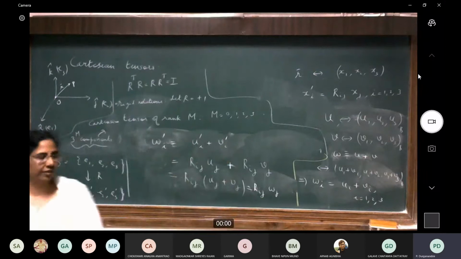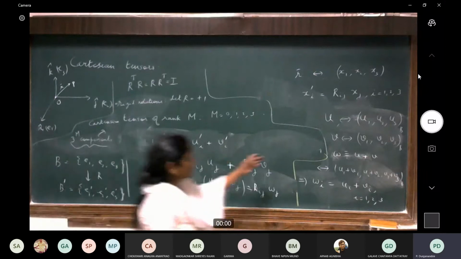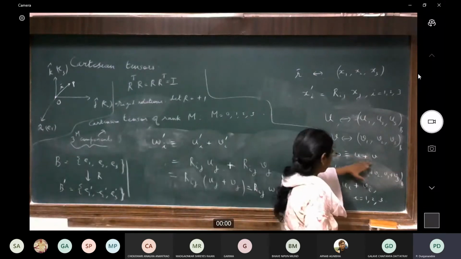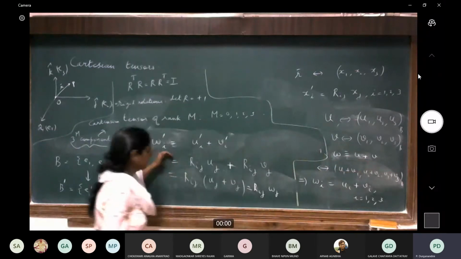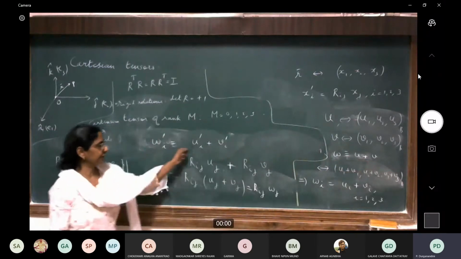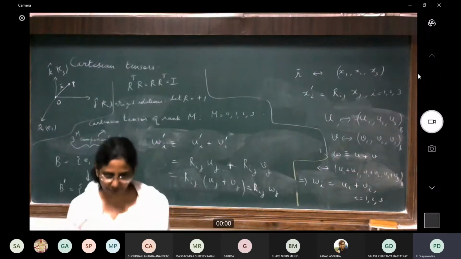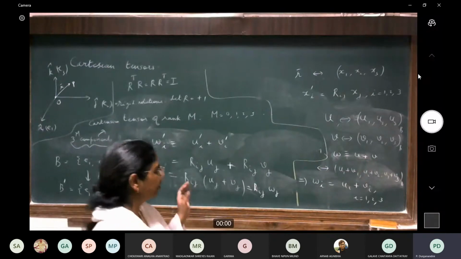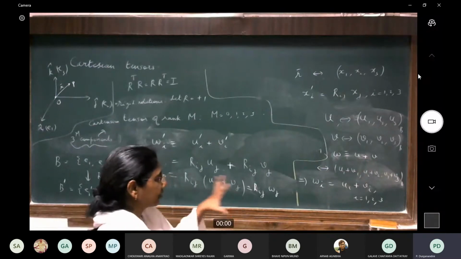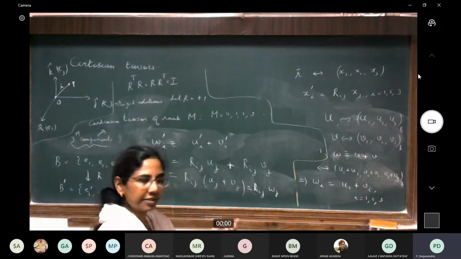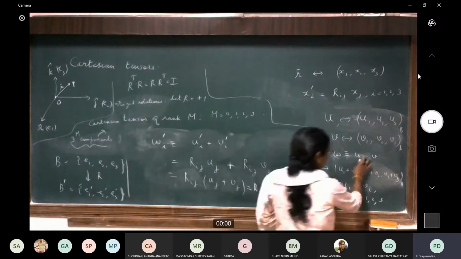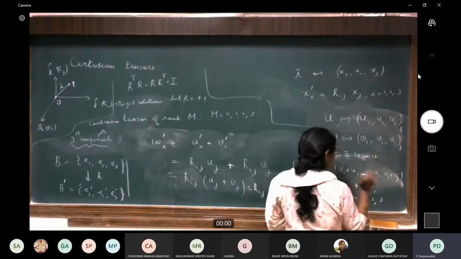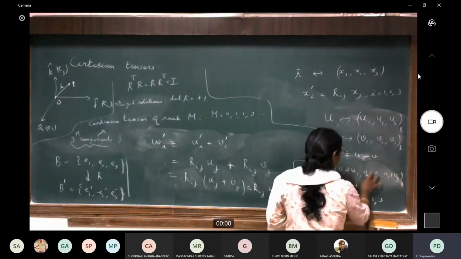Or in other words, if I define the algebraic addition of the vectors in this fashion, then w equal to u plus v transforms exactly like a tensor of rank 1 if u and v themselves transform like tensors of rank 1. So I can define addition of tensors of rank 1 and get back a tensor of rank 1. Similarly, I could also do a subtraction. So I could also consider u minus v, which is our simple algebraic subtraction.